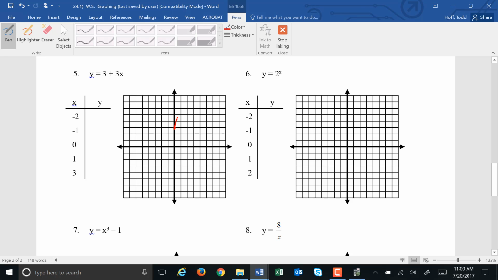Number 6 is... Okay, apparently it didn't like my line. Okay, we're going to try this one more time.